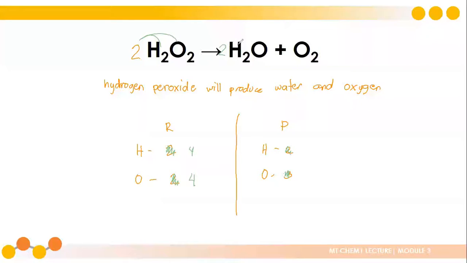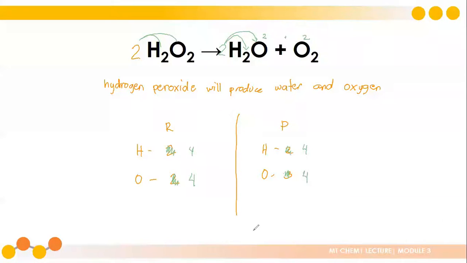So for hydrogen, we now have 4. And for oxygen, you need to multiply it to this one. So you have 2 oxygen in this compound, and then you also have 2 oxygen in this diatomic molecule. So you simply need to add them. So 2 plus 2 is simply 4.